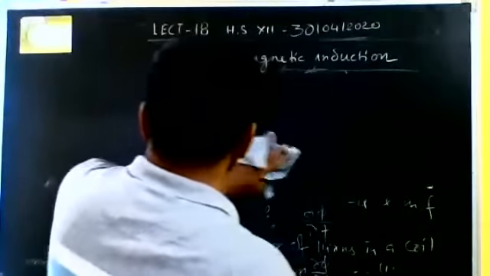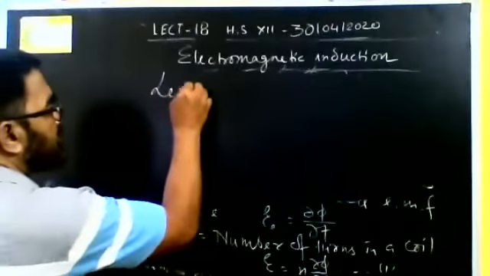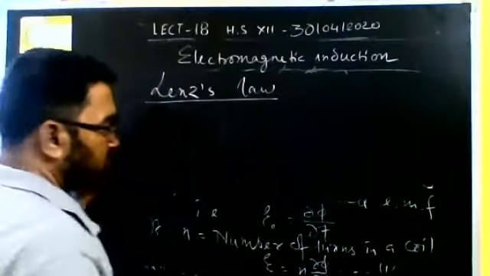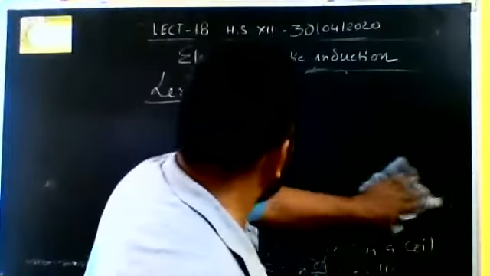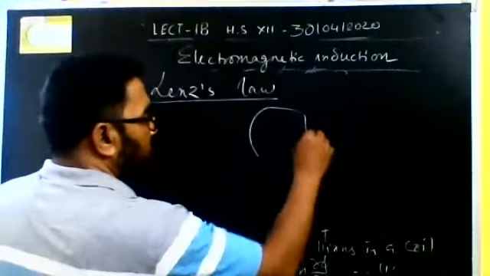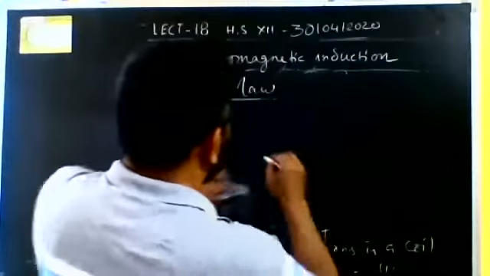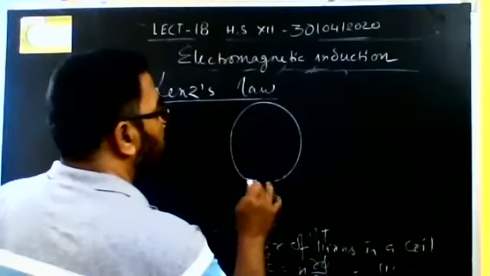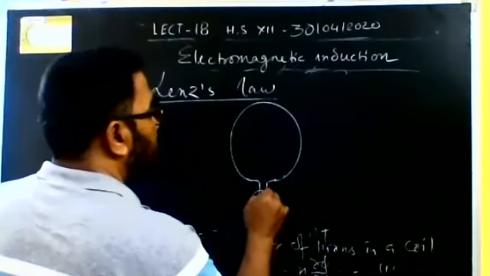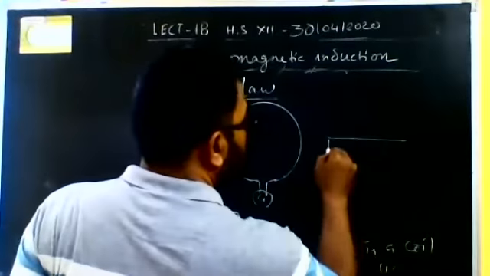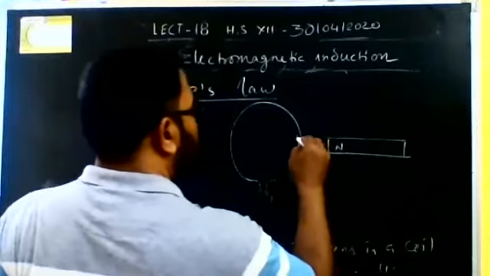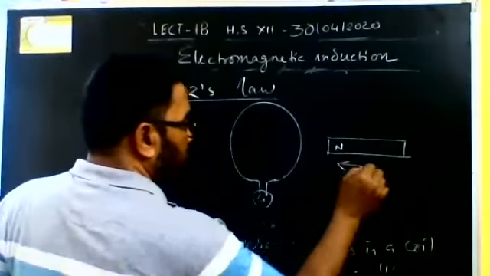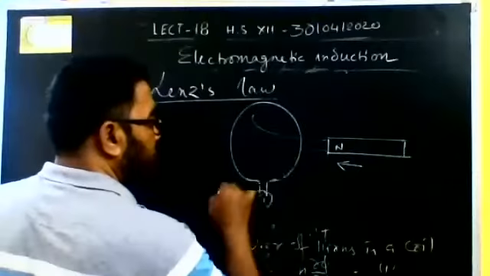What is Lenz's law? Suppose there is a coil, and you are connecting a galvanometer in the coil. You are bringing a North Pole towards the coil, right?